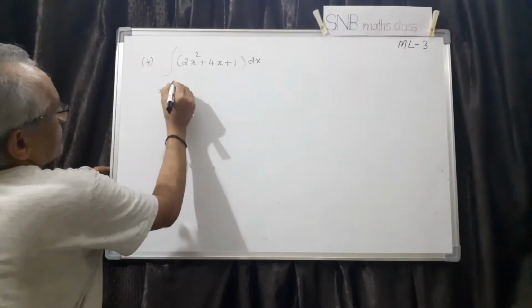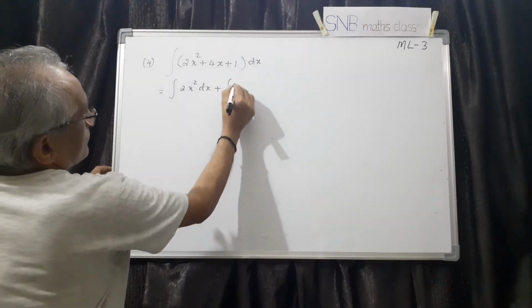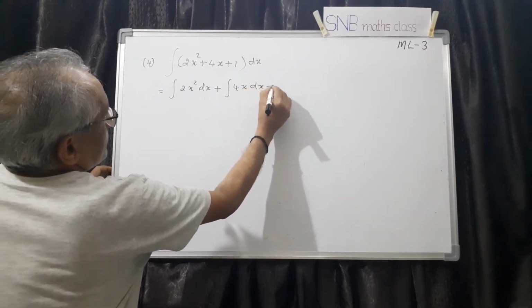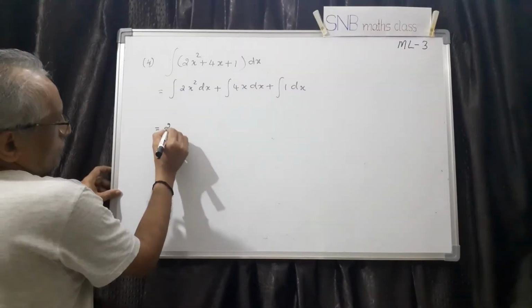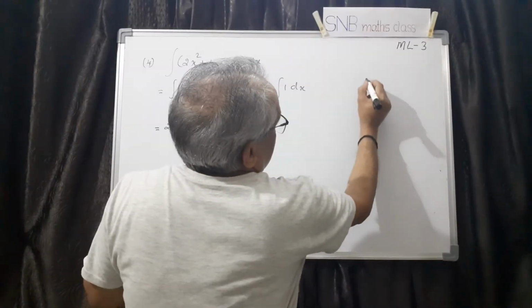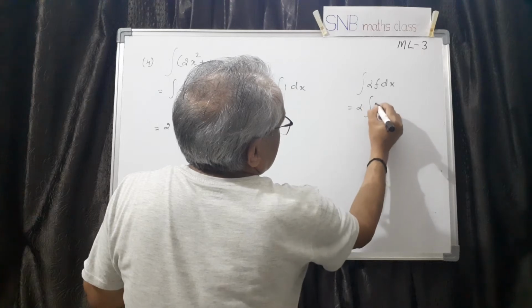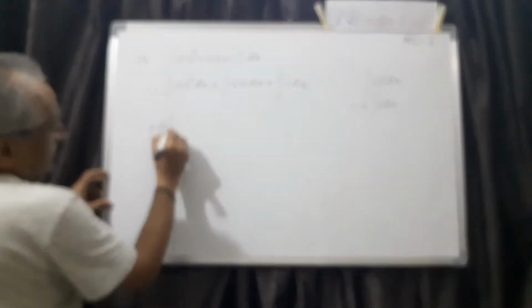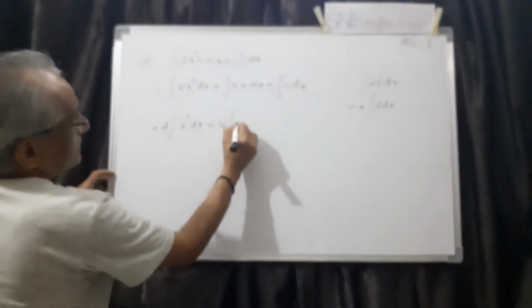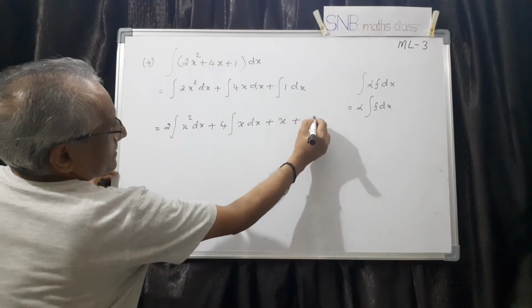First you can take 2x square dx plus 4x dx plus 1 dx. This equals 2, constant comes out. This is the rule. Integration of alpha f dx can be written as alpha outside, then integration of f dx. So constant can be taken out. So it is 2 integration x square dx plus, here also 4 comes out, then x dx. Then here of course I can directly write this is x. Then here also I can write c.